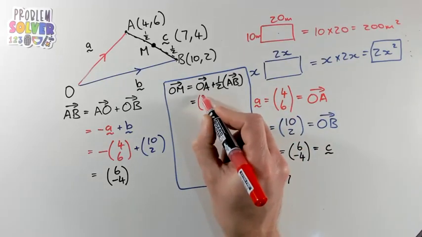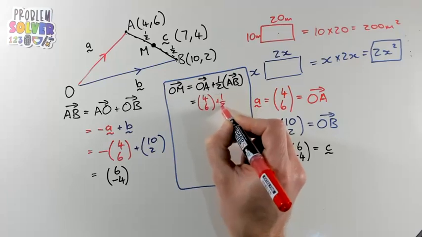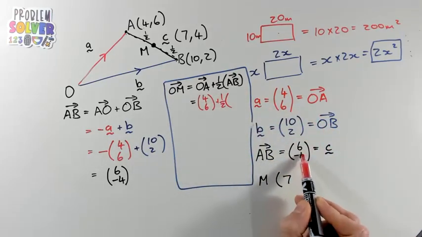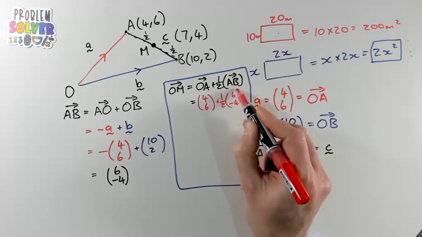So we can do 4, 6 plus half. We worked out AB as 6, negative 4, right? So half of 6, negative 4.